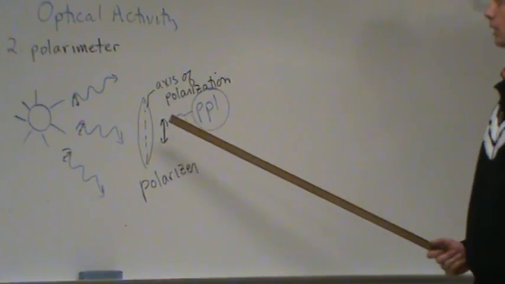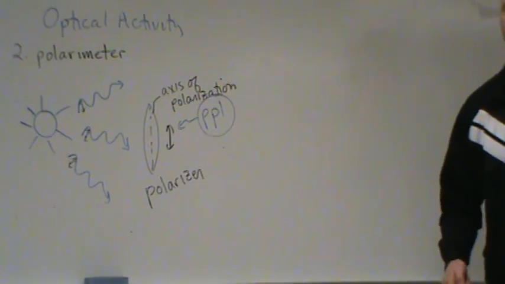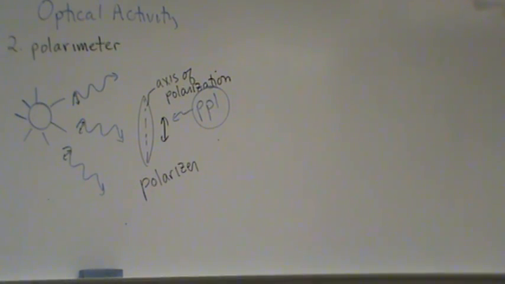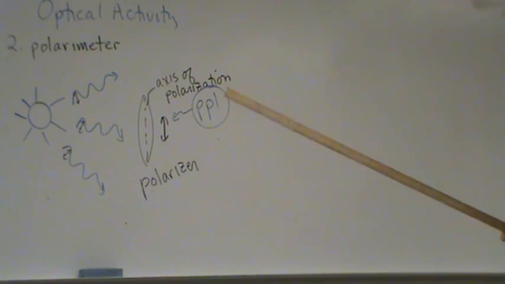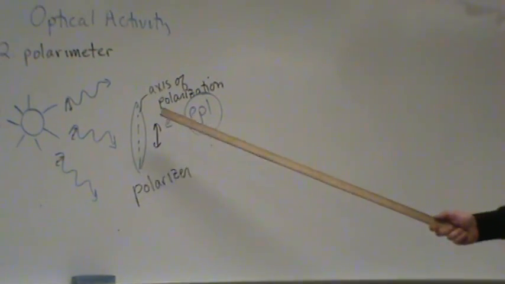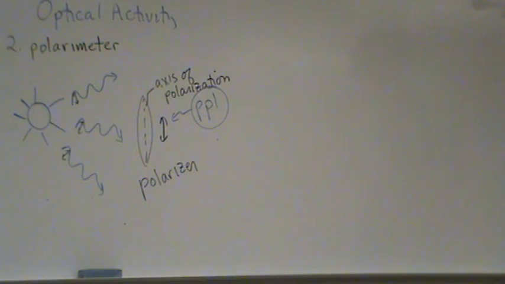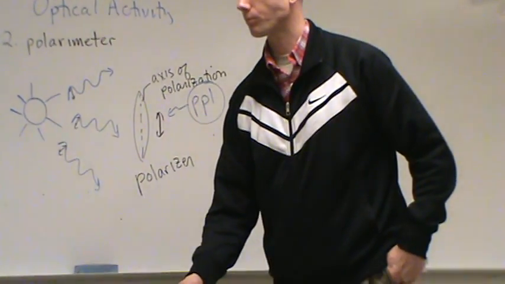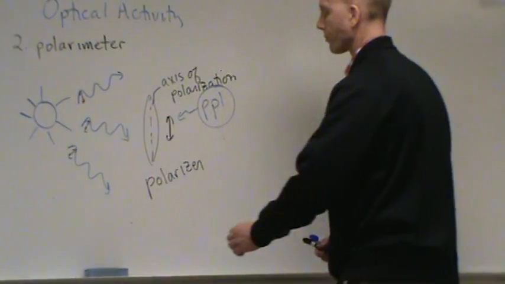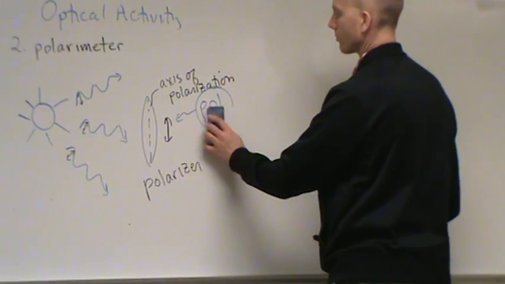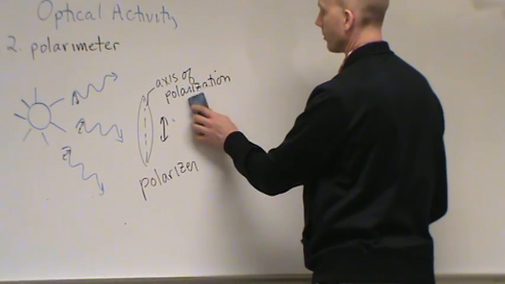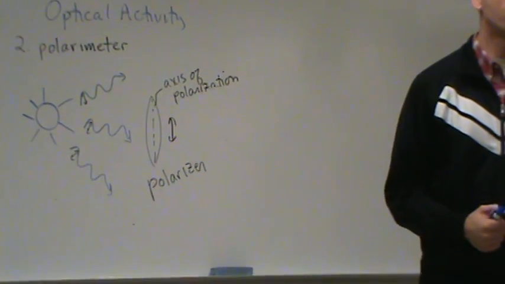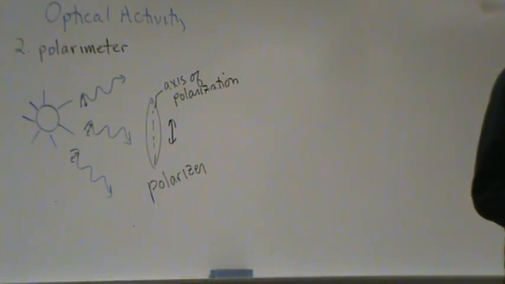You'll probably have to redraw all this under the second heading, so I'll give you a couple of seconds to redraw that. Okay, so a polarimeter is going to have the same setup and a little bit more. Is there also a polarizer in this portion? Mm-hmm. You okay?